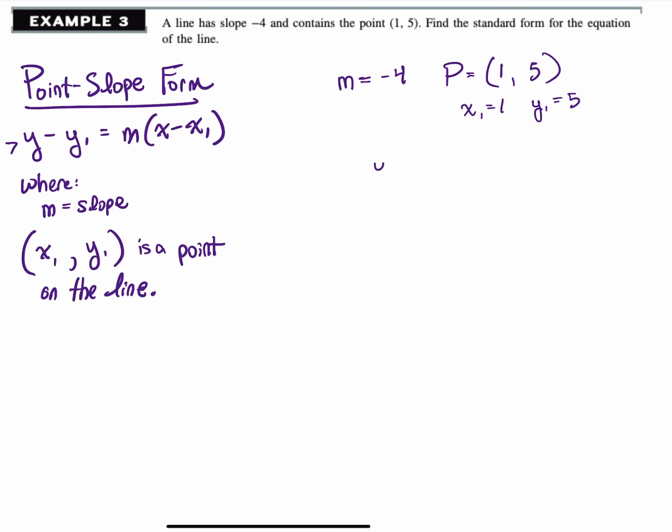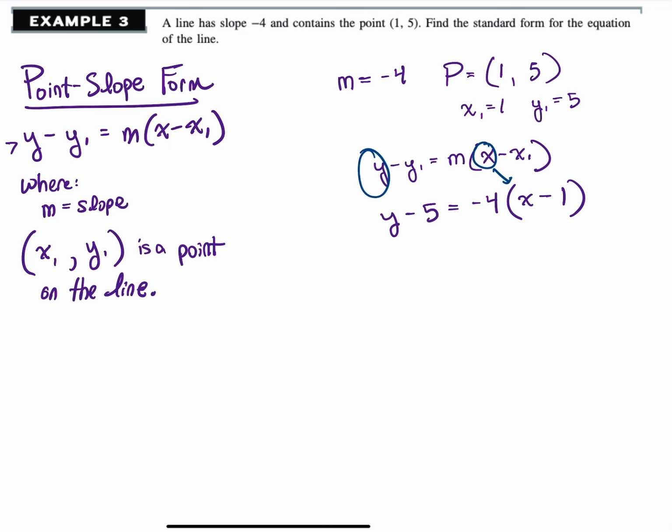So let me write it out again here. y minus y1 equals m times (x minus x1). So I'll plug in 5 for y1, so y minus 5. Our slope was -4, so I'll put that in. And then x minus 1. 1 was our x1. So notice we're keeping this y and this x in the equation, and plugging in everything else.